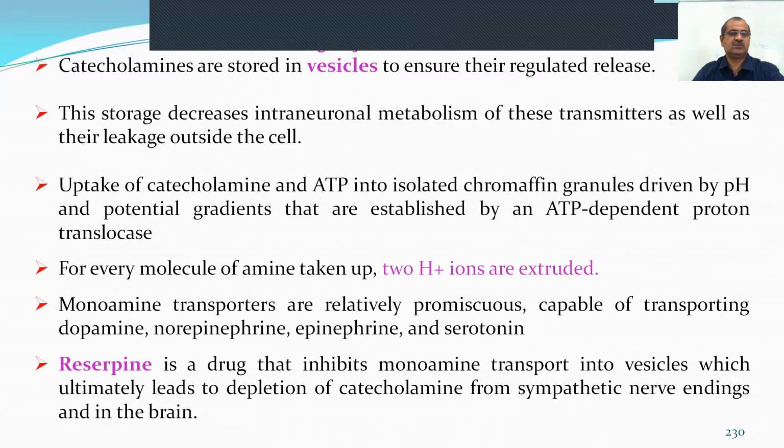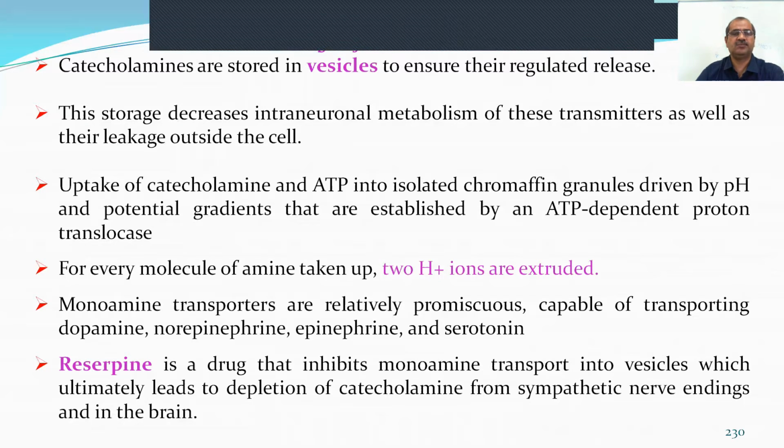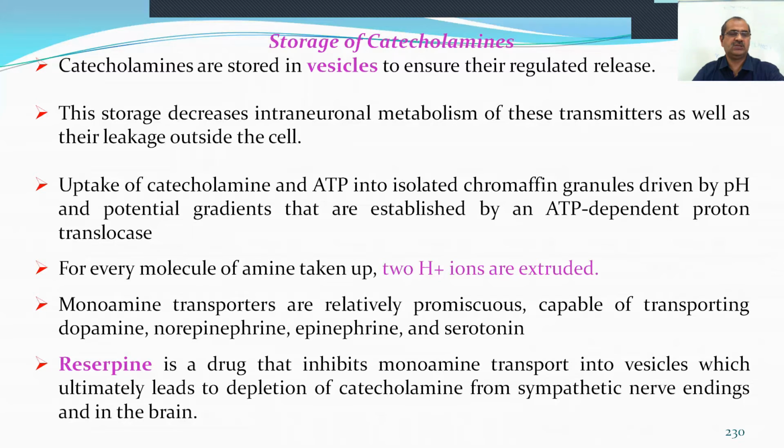And for the uptake, uptake 1 of the catecholamines is an ATP dependent process. In the chromaffin granules, especially in the adrenal medulla, the uptake of catecholamines and ATP into isolated chromaffin granules is driven by pH and potential gradients established by an ATP dependent proton translocase.